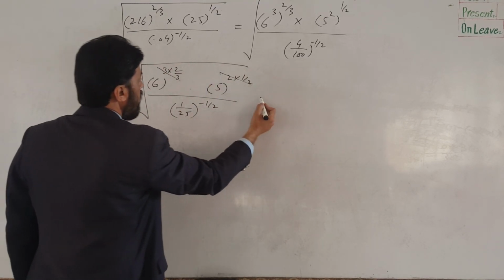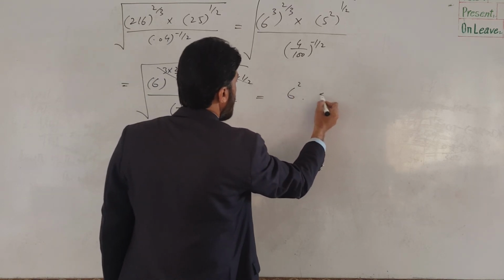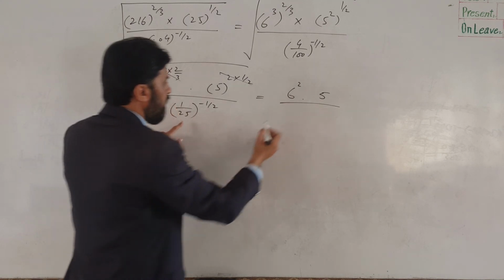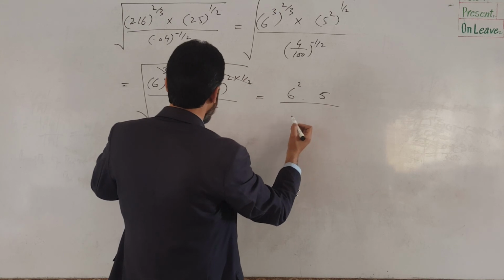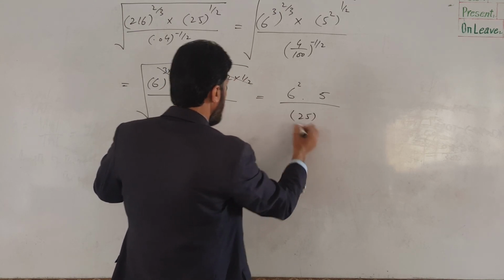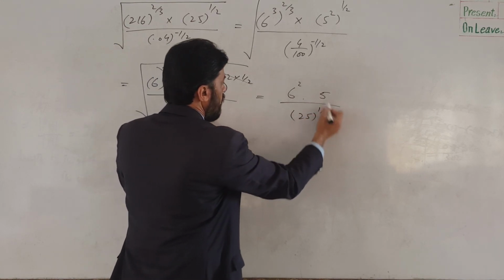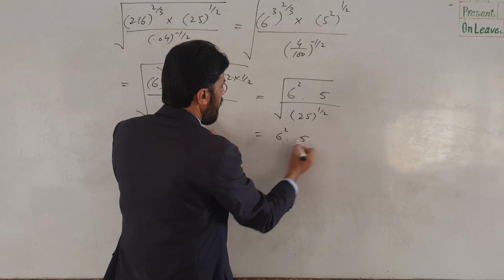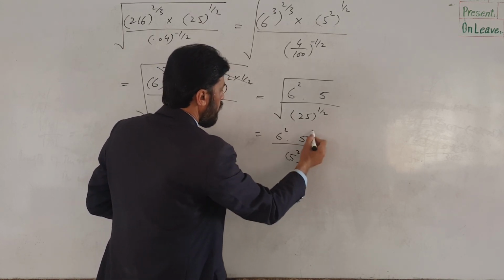Cancel, 6 square dot 5 over 1 over 25. When we shift 25 to the numerator, the sign of exponent will change, plus 1 by 2. 6 square dot 5 over 5 square raised to 1 by 2.